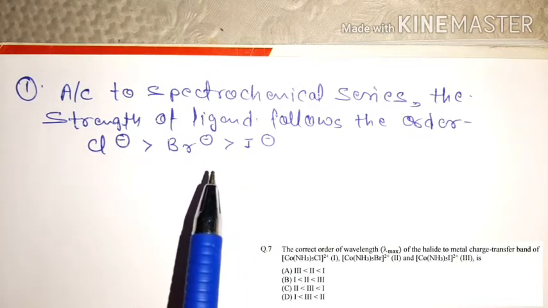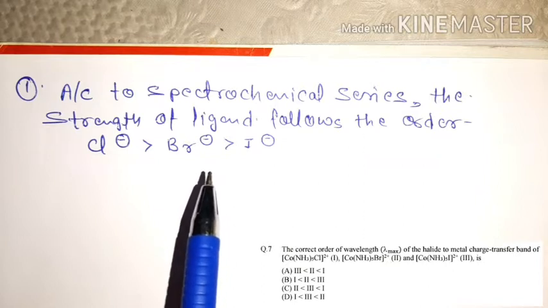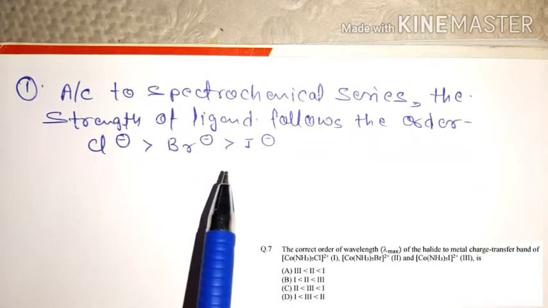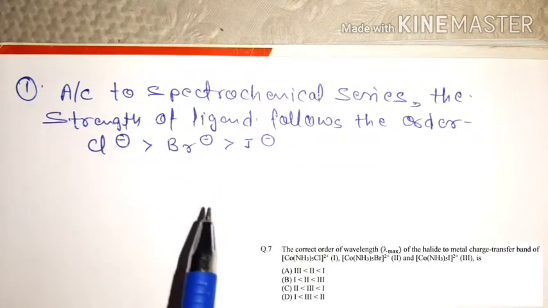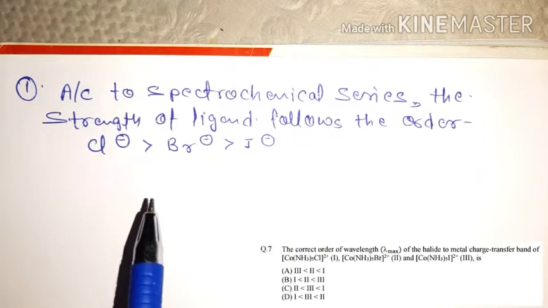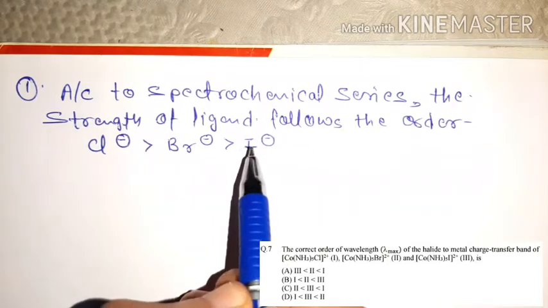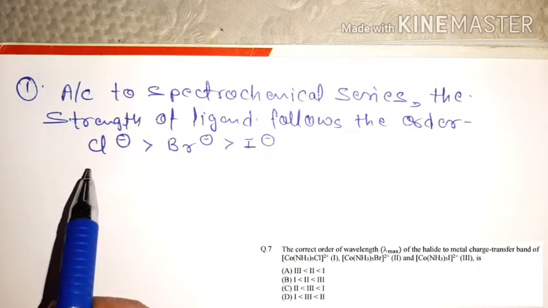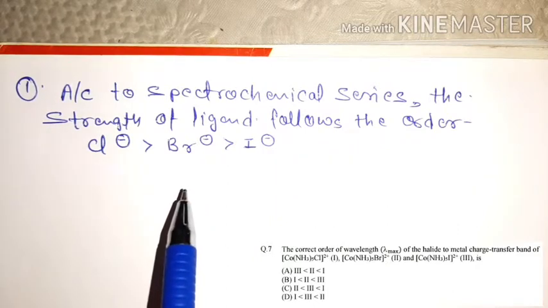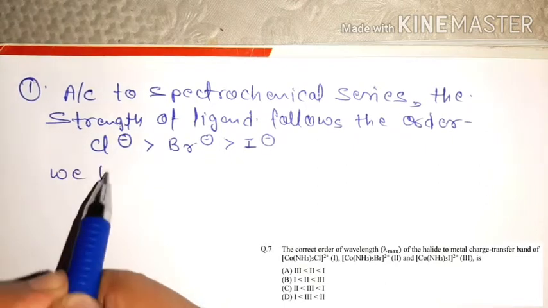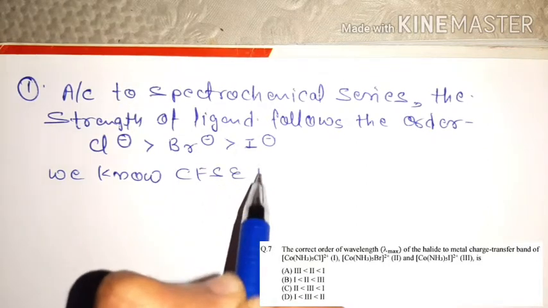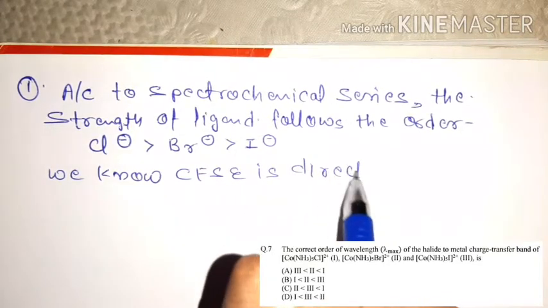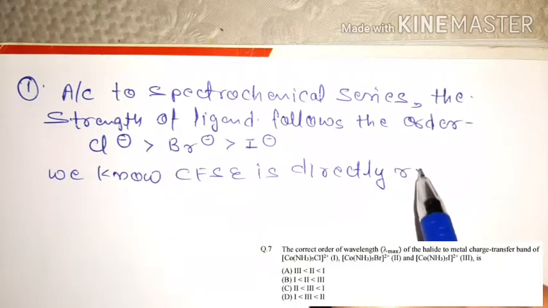And we also know that the value of CFSE, that is crystal field stabilization energy, is directly related to field strength. Okay, it means when the ligand strength is high, the complex has high CFSE. So as you see in this order, the value of CFSE is different for these complexes. So we know our CFSE is directly proportional to field strength.